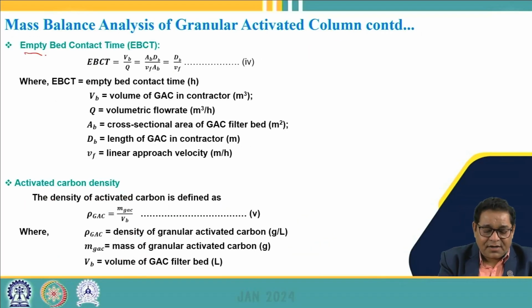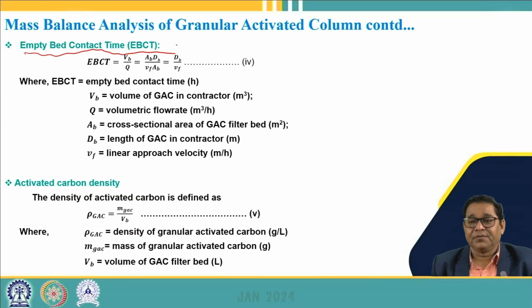Similarly, another parameter is called the empty bed contact time. Empty bed contact time is the time for which the adsorbate remains in contact with the adsorbent. So this is determined by the volume of the adsorbent bed divided by the flow rate. This volume of the bed, if we further write in terms of its area and depth, will be equal to area of the bed into depth of the bed, divided by the flow rate.